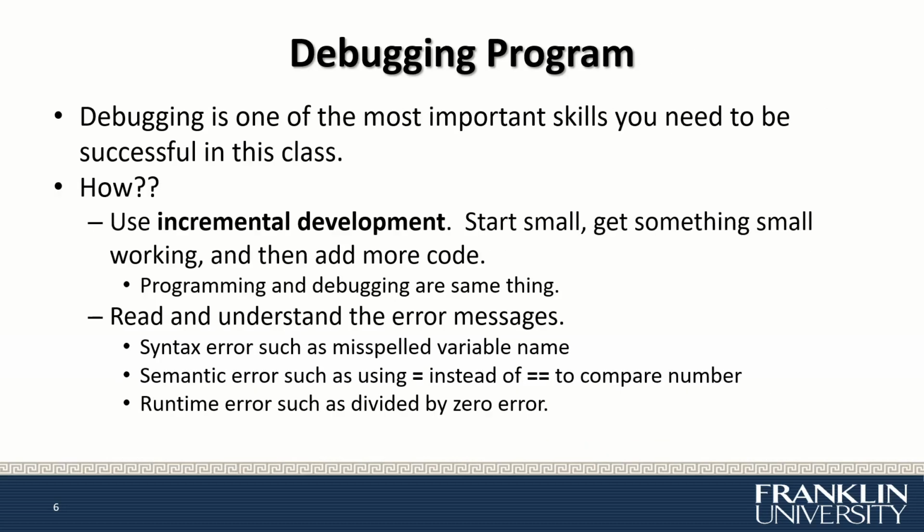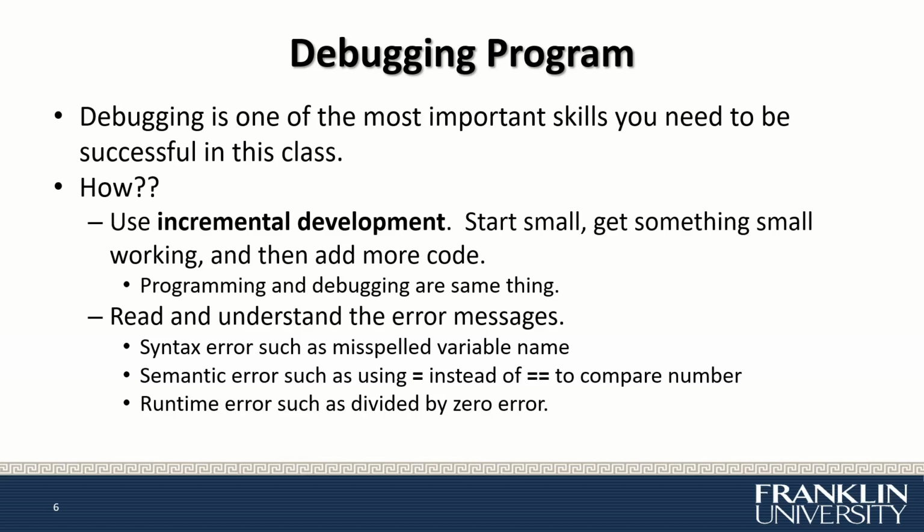Debugging is one of the most important skills you will need to be successful in this class. How? Use incremental development. Start small, get something small working, and then add more code. Also, read and understand the error messages.